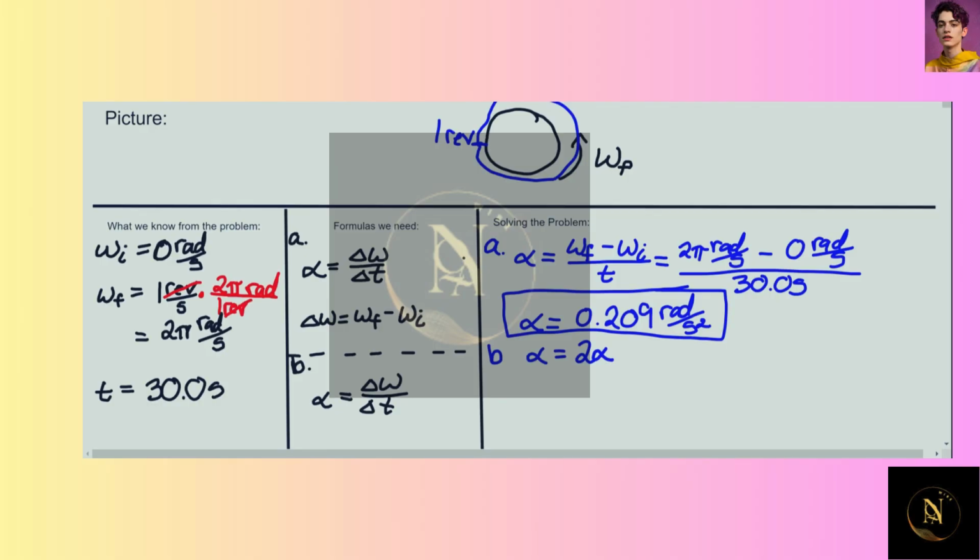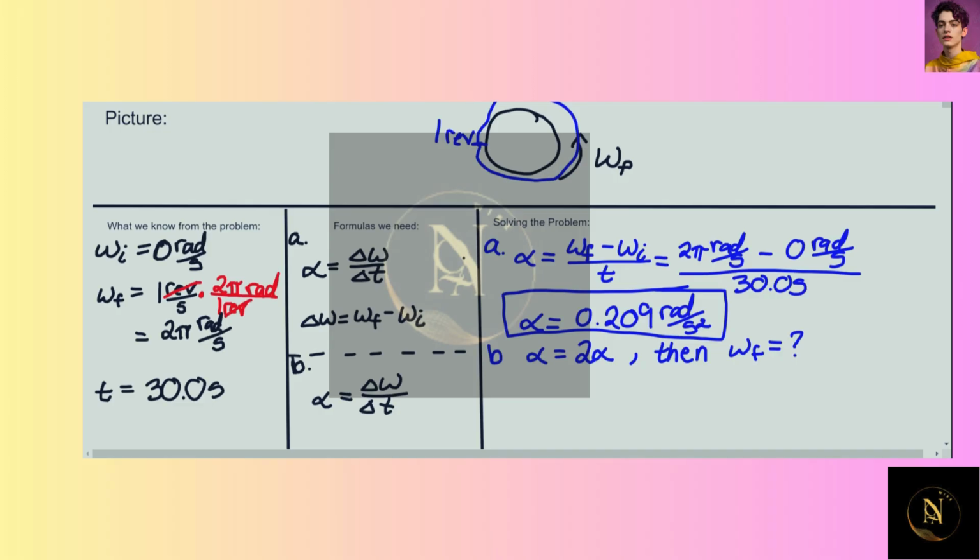We don't even have to plug in numbers for this. Then I want to know what my final angular speed would end up being, because it wants to know if that final angular speed would also double.